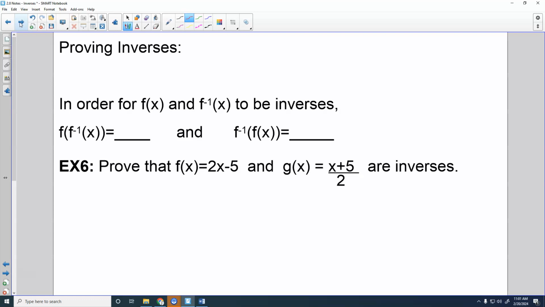But there is a concept that they really want us to understand, and that is the concept that inverses undo each other, right? So, for example, let me use just a really simple example where I know these are inverses. If I have f of x equals x plus 2, what is f inverse of x?